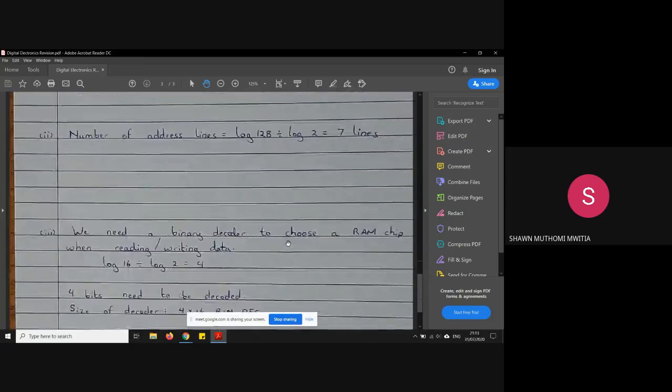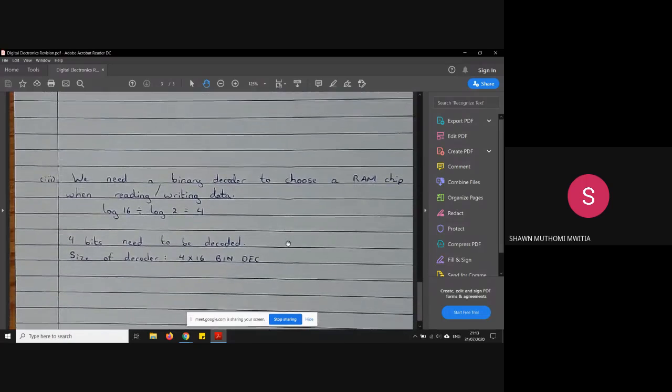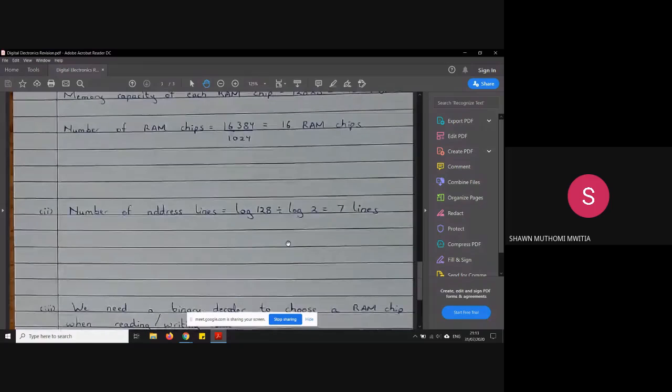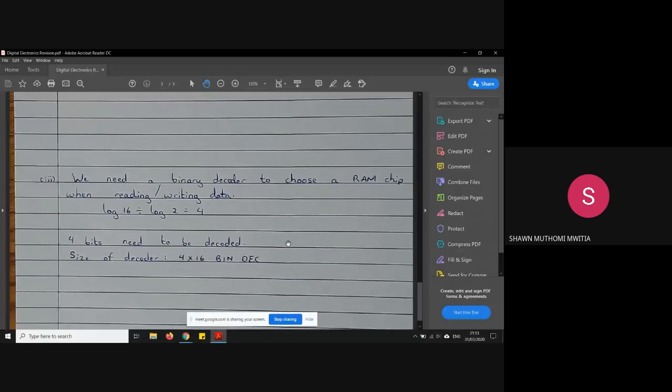Then part 3, how many bits must be decoded for a chip select? I was assuming that since we have 16 RAM chips, we'd need a binary decoder to decide which RAM chip will be used at each point in time.